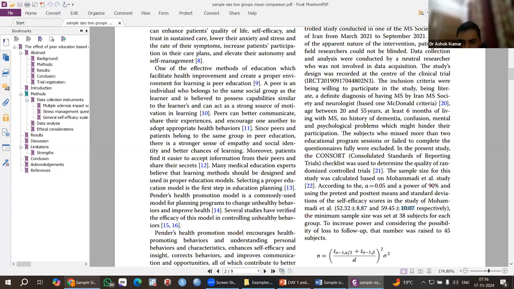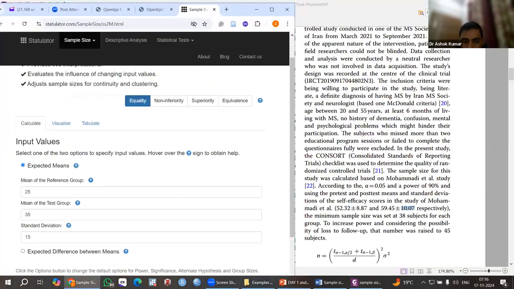I use this here, okay. So mean of the reference group. What is the mean of the reference group? I have to type here 52.32. Mean of the test group, I have to type here 59.45. Then standard deviation, so I will go for this 10.07.